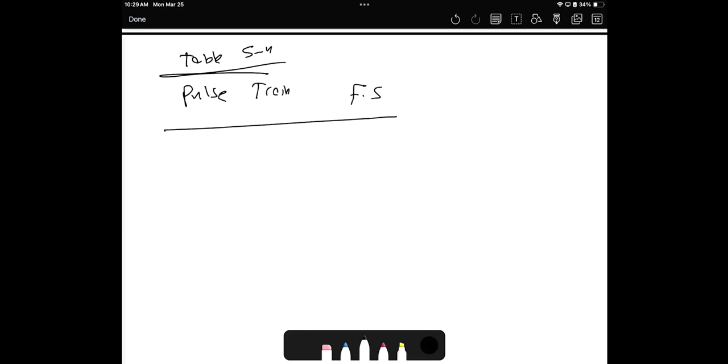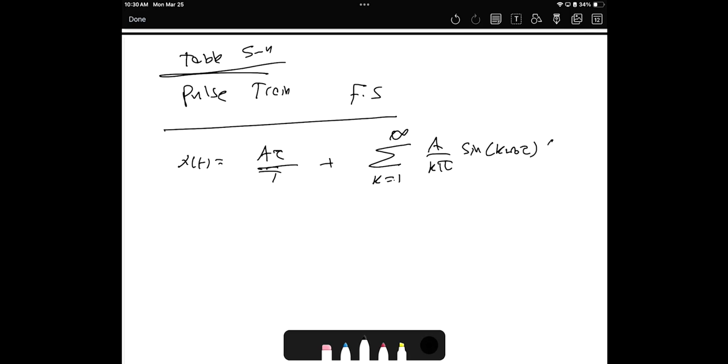So the pulse train, according to that, x of t equals A tau over T, where T is the period and tau is the pulse width, plus the sum from k equals 1 to infinity of A over k pi sine k omega naught tau cosine k omega naught t.